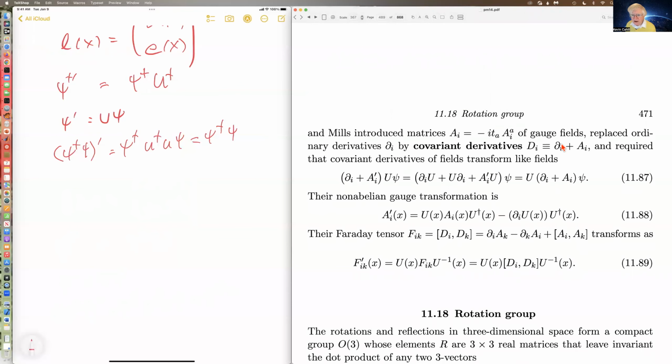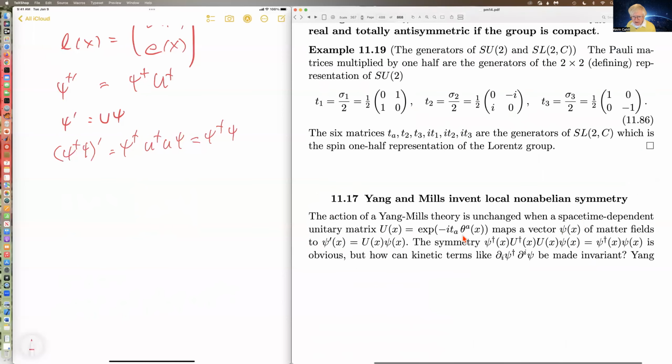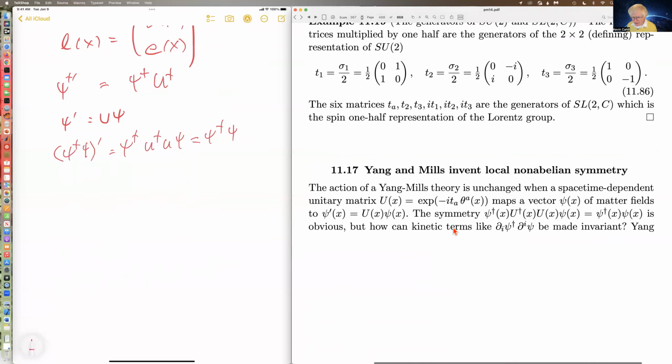And what Yang and Mills did was they introduced a connection, which was basically a linear combination of the matrices TA, the same TA that are here. These things are called generators of the Lie algebra of the gauge group that we're talking about.